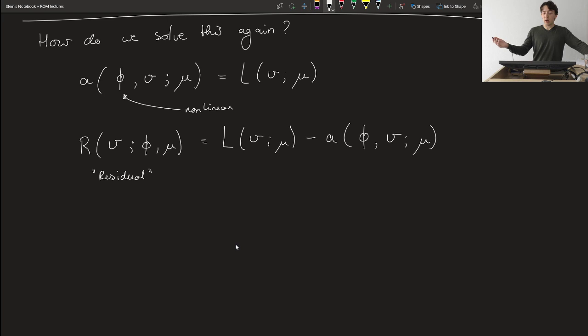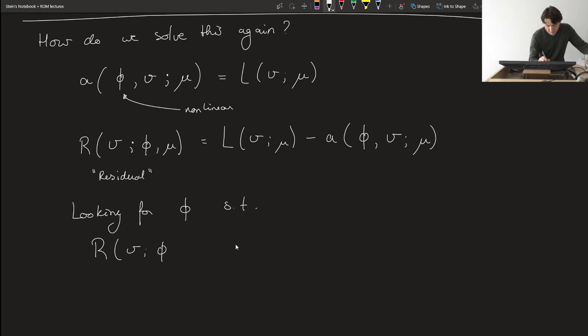But the objective now is no longer to solve for a function phi that satisfies this equation, but rather we're looking for phi such that the residual for that given phi is equal to 0 for all our choices of our test functions, which might be in our Sobolev space, H1.